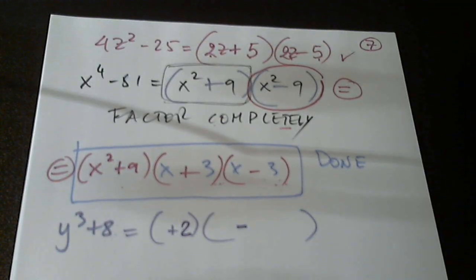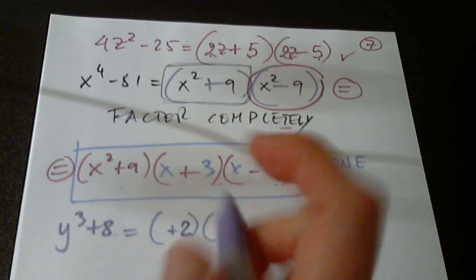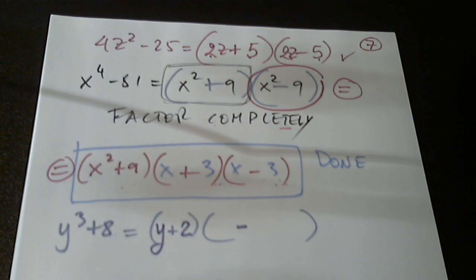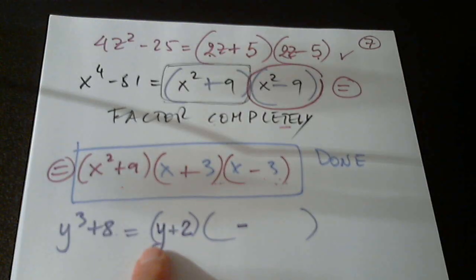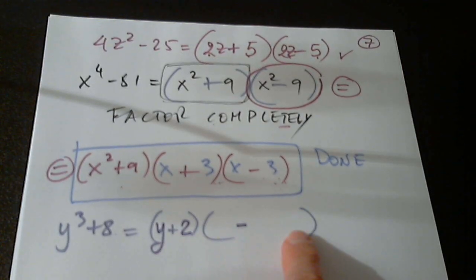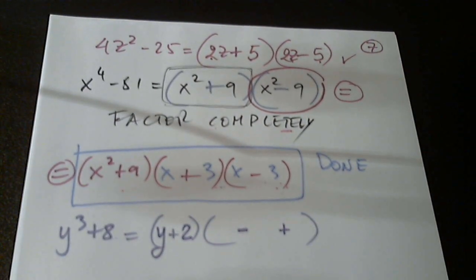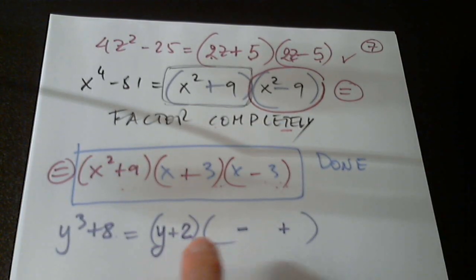Yes? Is it y plus 2? Exactly. Now I know the pattern. Square this and put it here, square this and put it here. Of course with plus. The last term is always plus.